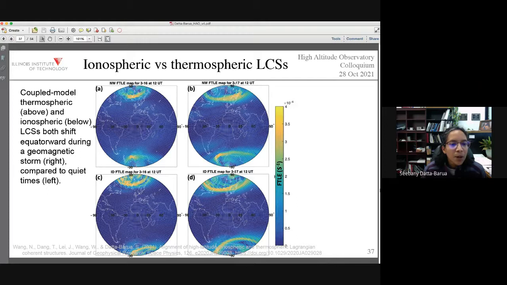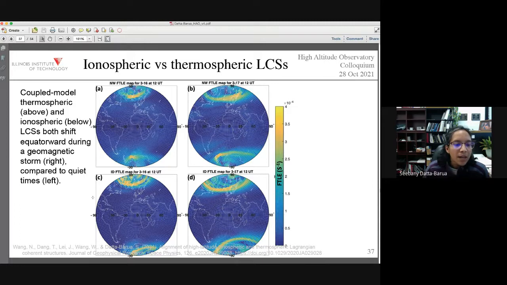And on the top, we're plotting in a sort of stereographic view the neutral wind LCSs looking from the noon sunward side. So we're looking at the day side on a quiet day and on an active day.